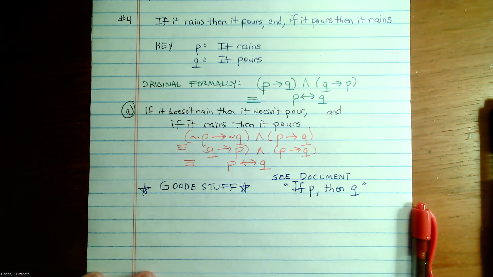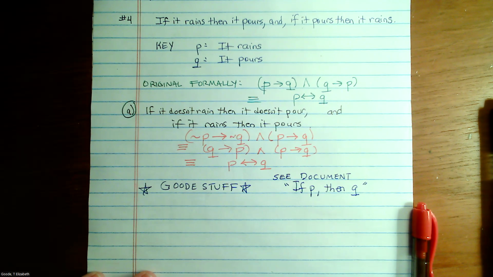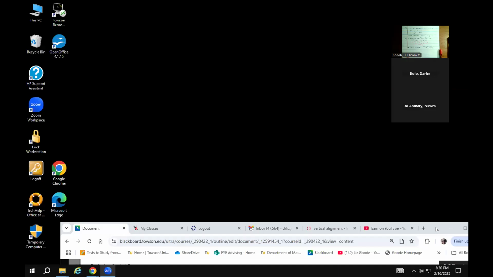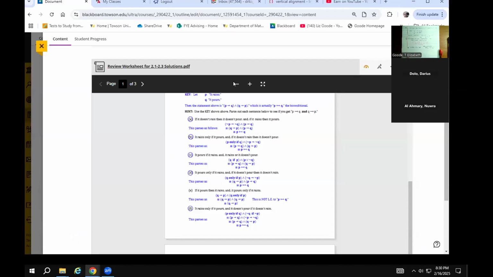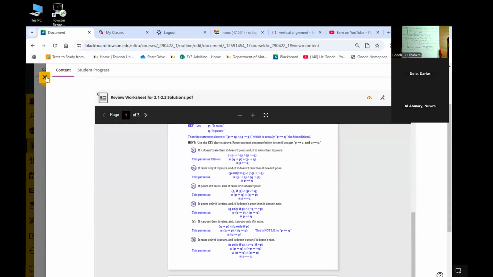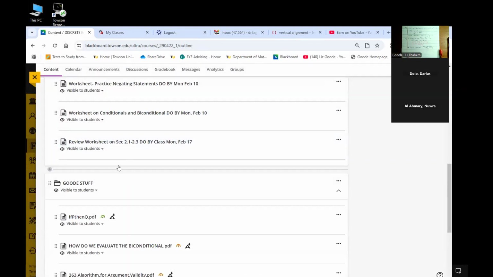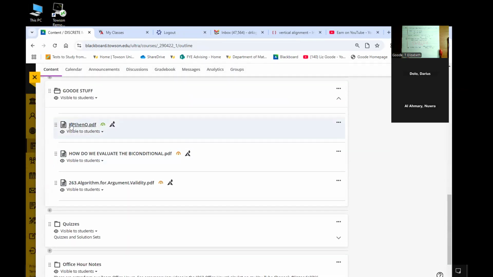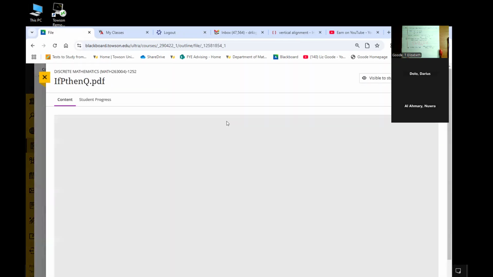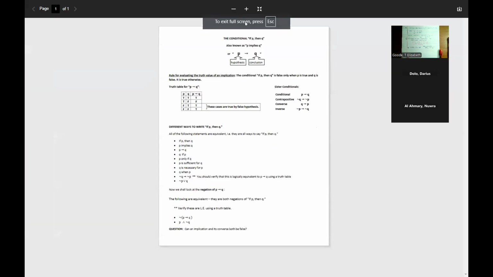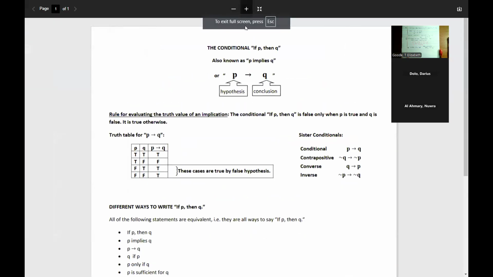So I'm going to share my screen again, and just to point this out to you, Darius, that in the Good Stuff folder, we have lots of good reference material. And this document, if P then Q, tells you everything you ever wanted to know about if P then Q and more.